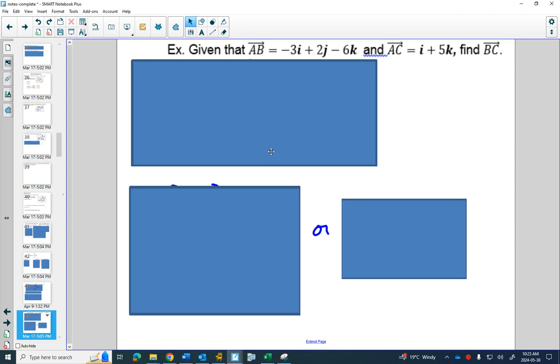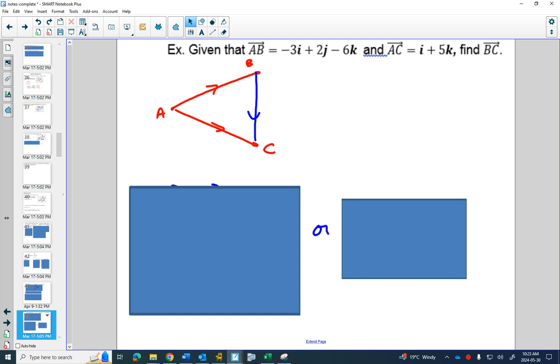Again, draw out our diagrams. There's A to B, there's A to C. We want to find B to C. So when I draw out my diagram, I can say that if I want to go from B to C, I can go from B to A and then A to C, because I'm only allowed to travel along red routes.